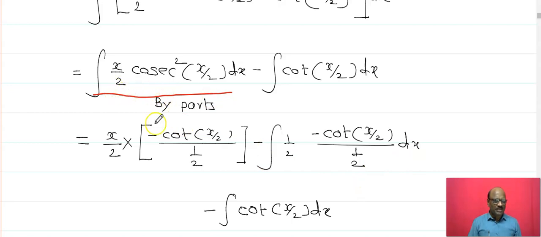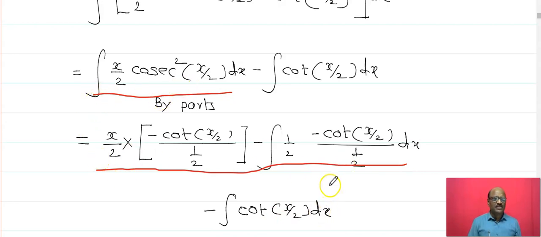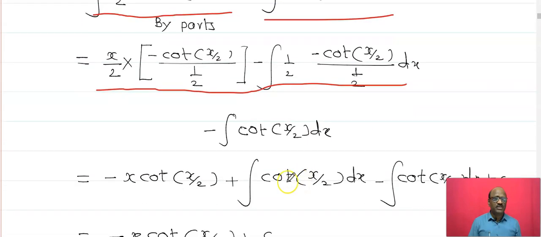This is the integration by parts only. It became some confusion, but no problem. I had underlined this. Now what about the next term, minus the integral of minus cot of x by 2? I keep the same terms continuing here.